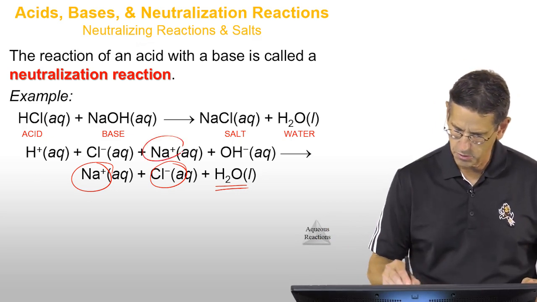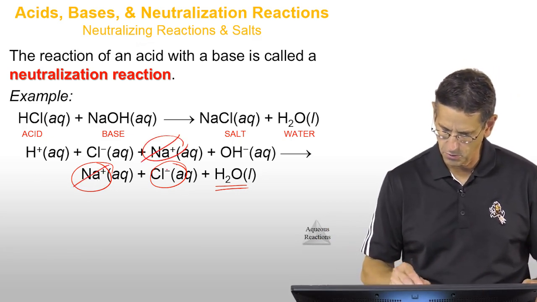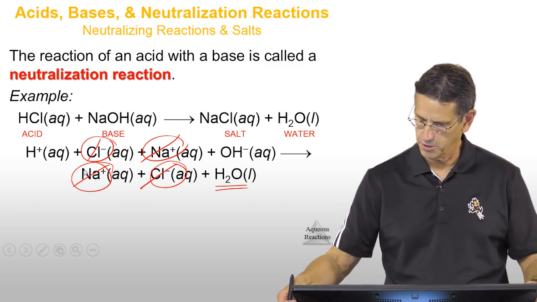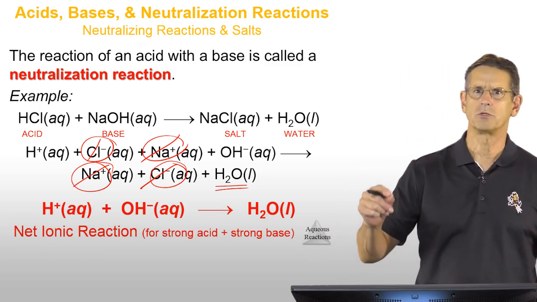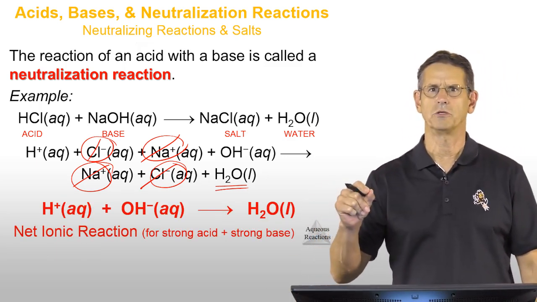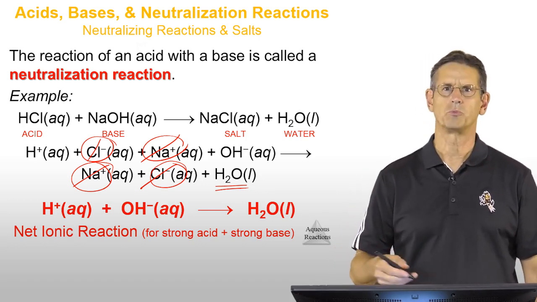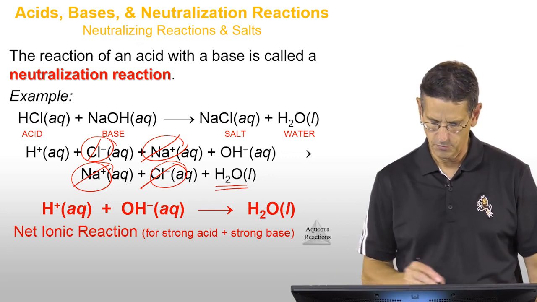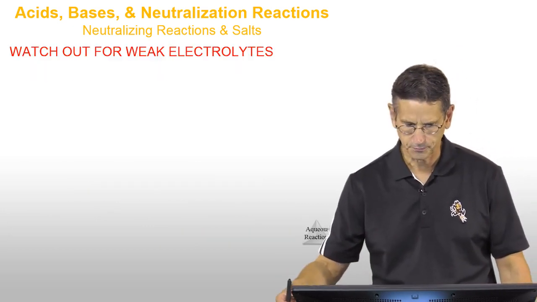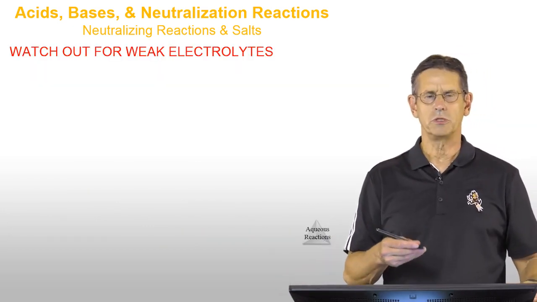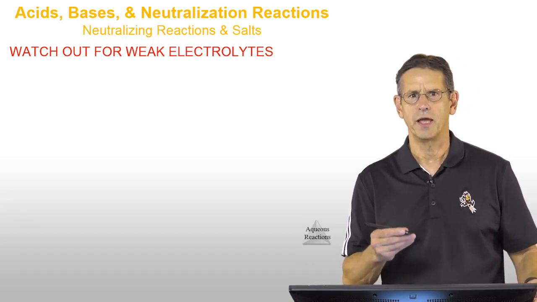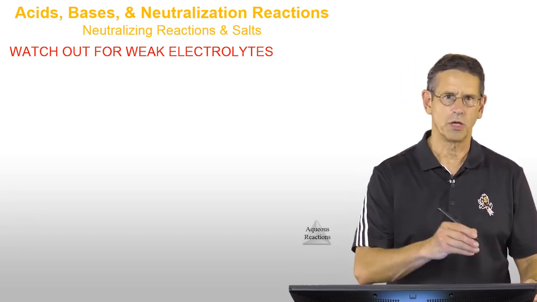So here's a sodium, cross that out. Here's a chloride, cross that out. And hence, for any strong acid, strong base reaction, this will be the net ionic equation. H plus OH minus gives us water. So that was the characteristic net ionic reaction for a strong acid and strong base.